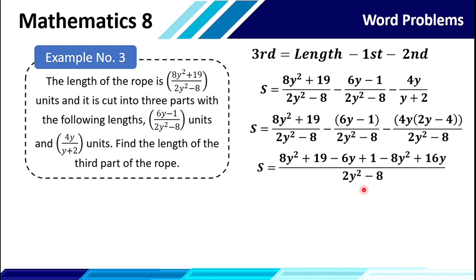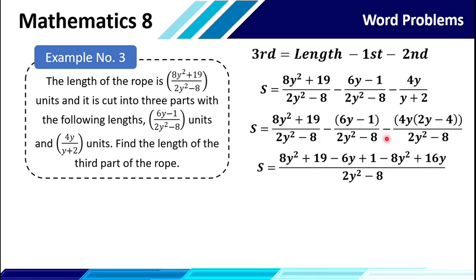But take note, in subtracting rational algebraic expressions, you need to distribute the negative sign to the factors inside the quantity. In this example, you distribute negative 1 to 6y. That's why it became negative 6y. Negative 1 distributed to negative 1, that's why it became positive 1.